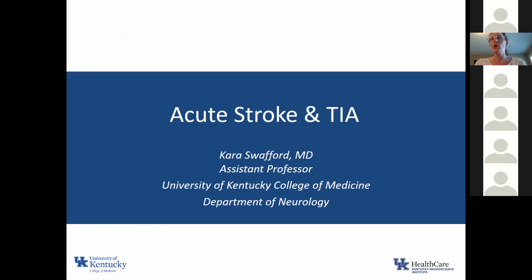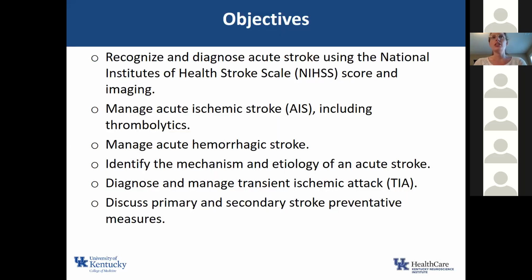I'm Kara Swafford. I am one of the stroke attendings here at UK, and today we're going to talk about acute stroke and transient ischemic attack. These are the objectives today. We're going to talk about a lot of different things, but mostly it's an overview of what I think is important to know.